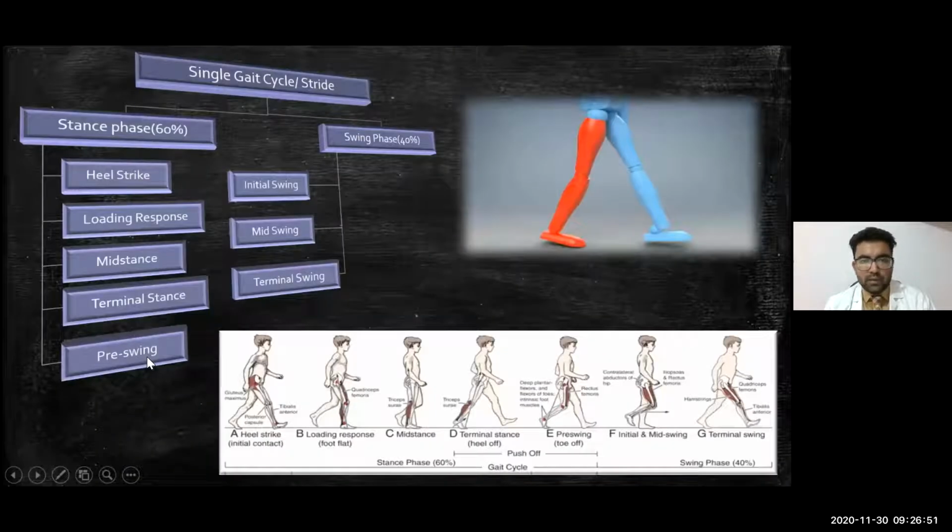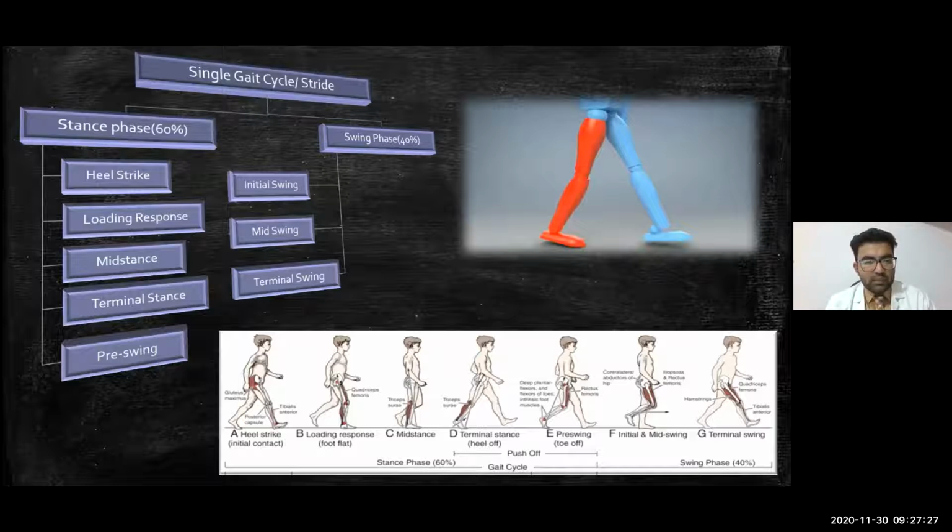The next thing is that the stance phase and the swing phase also have subcomponents. The stance phase comprises 60% of the entire gait cycle, while the swing phase comprises 40%. The stance phase has 5 components. First one is the heel strike. Heel strike is when the foot touches the ground. Then when we put our weight on that foot, that is known as the loading response.